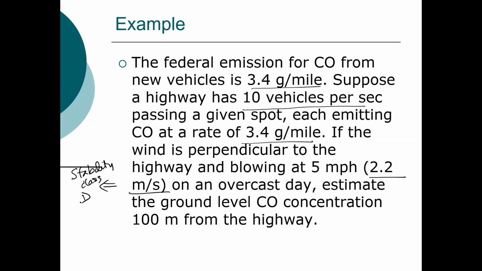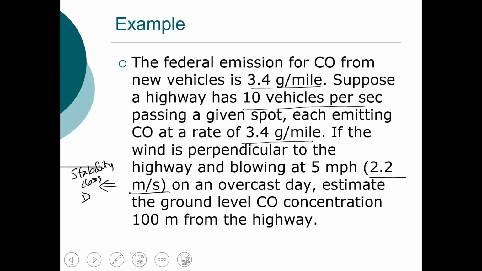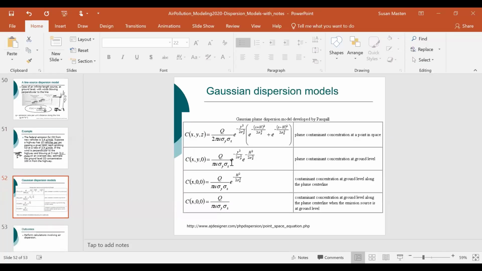So let's go back to that same table that we just used in order to determine the stability class. We'll add a new slide in here. So Q is equal to 10 vehicles passing per second.